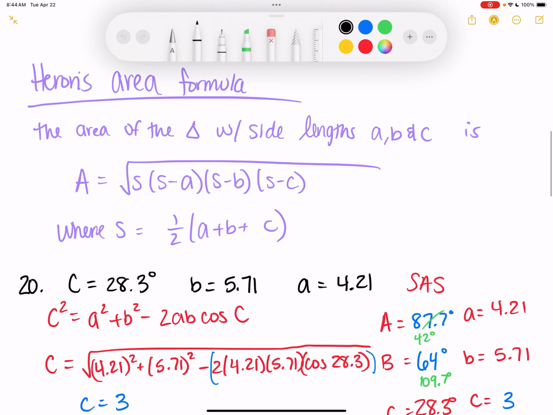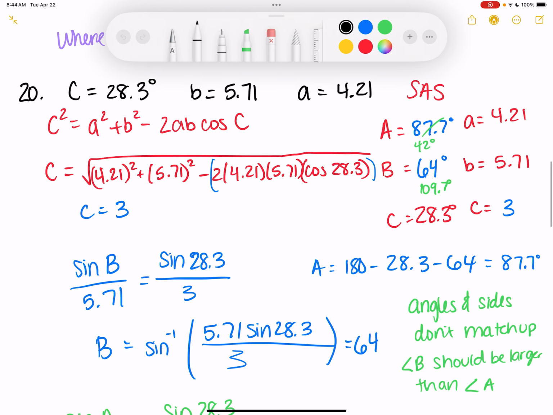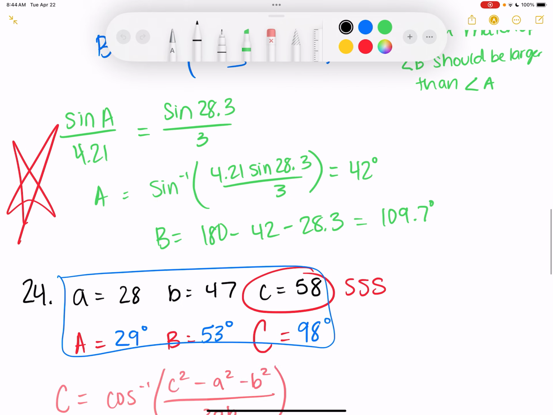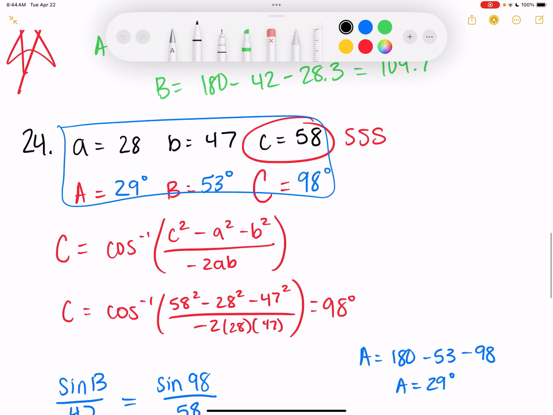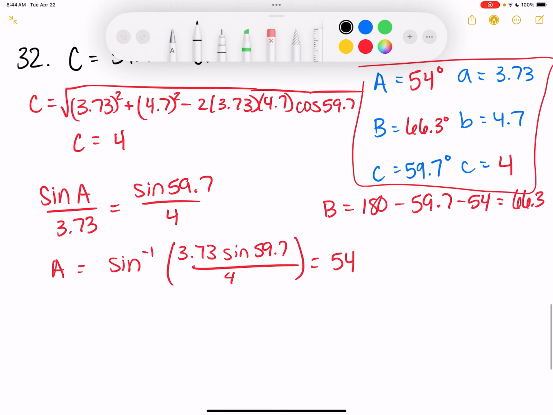But yesterday we looked through a couple examples. These ones were side angle side. Also, that one was side, side, side. Side angle side. Let me see if I can find another one that's side, side, side.